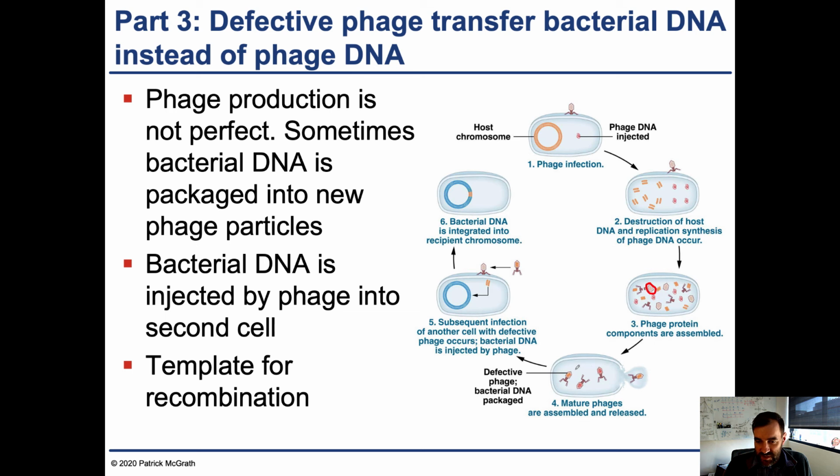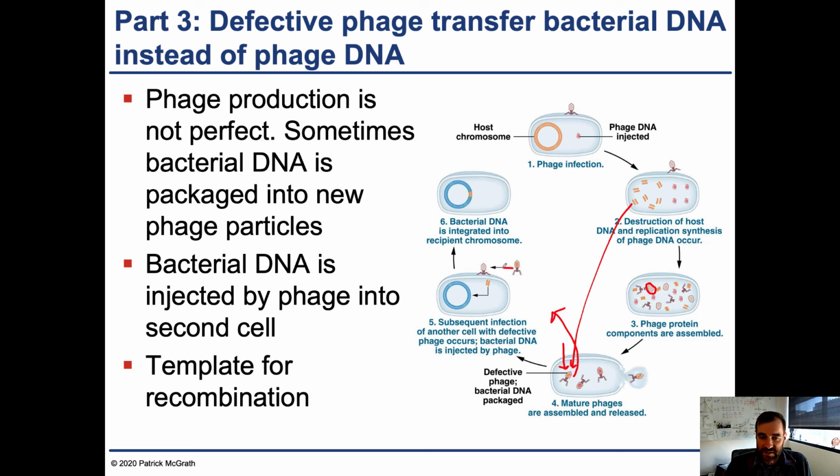But what you'll notice is that a rare amount of the time, instead of packaging up the phage DNA, we've packaged up one of these pieces of bacterial chromosome DNA. So this cell lyses and this viral particle is released into the environment. Even though it doesn't have the viral DNA, it's still functional and able to do its thing.